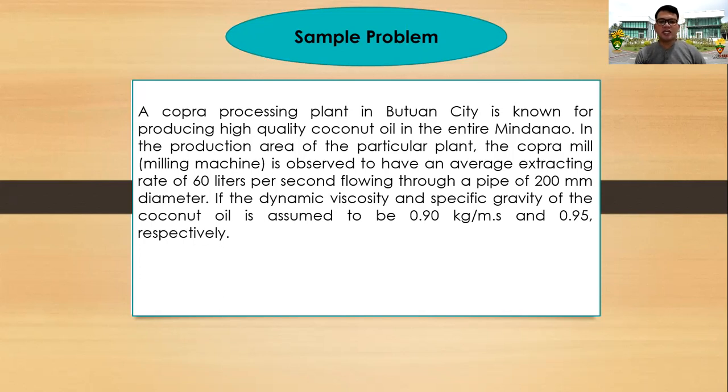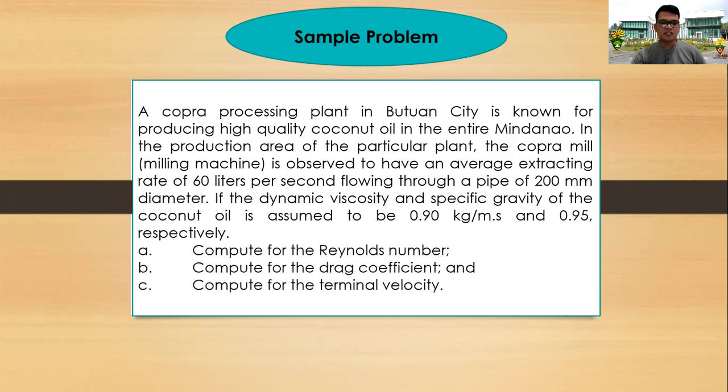The dynamic viscosity and specific gravity of the coconut oil are given as 0.90 kilogram per meter second and 0.95, respectively. So the viscosity is 0.9 kilogram per meter second, and our specific gravity is 0.95.